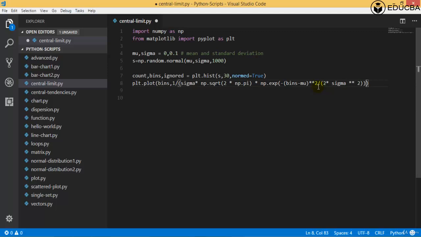So these values have been calculated properly, and after this it is important to set up the line width and everything.